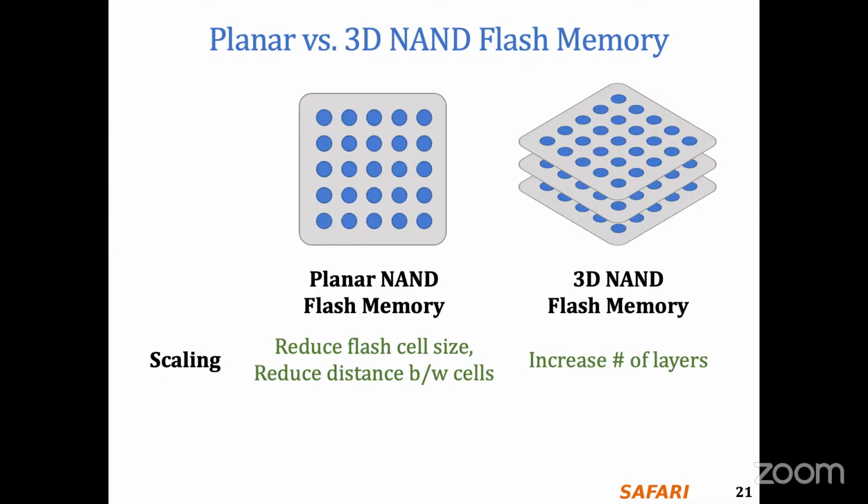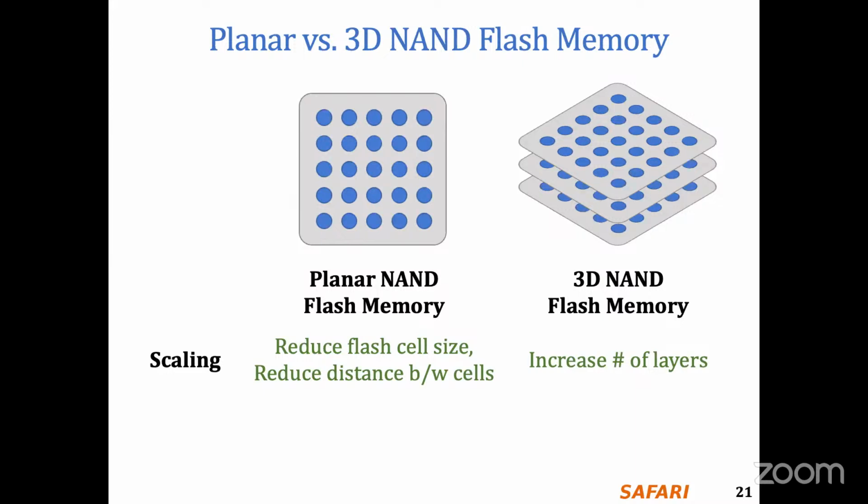As a result, when you reduce the cell size, you can trap less charge, and you will have less margin in your threshold voltage distribution, and likely more errors. Because of that, 2D NAND flash memory, as we will see in the rest of this lecture, is quite error prone and will have a lot of errors. But they have to do it because we need higher density.